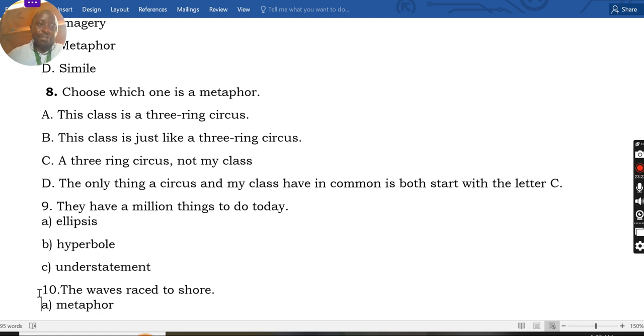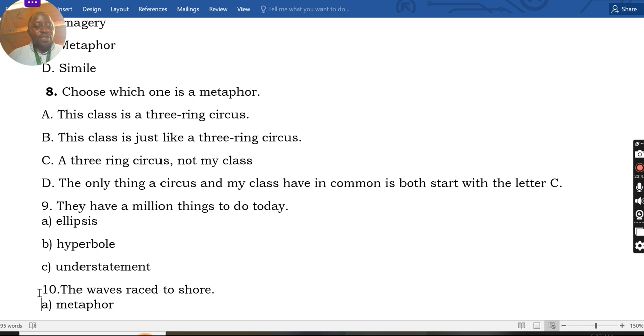A, this class is a 3-ring circus. B, this class is just like a 3-ring circus. C, a 3-ring circus, not my class. D, the only thing a circus and my class have in common is both start with the letter C.